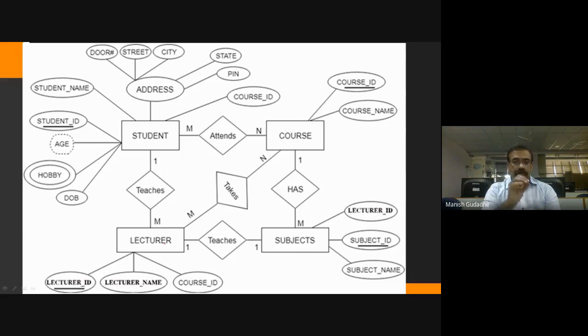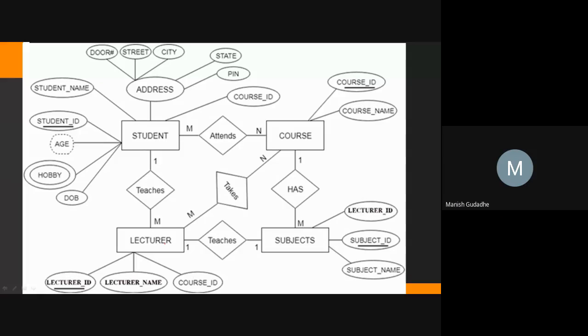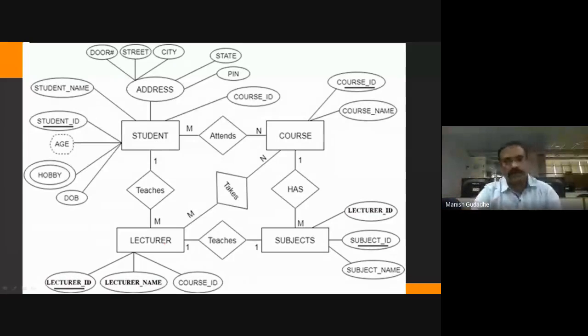So you need to take care that every entity must be associated with at least one entity in the database. It can get connected with more than one entity also, but it is not necessary that every entity should be connected to all the entities in the database.